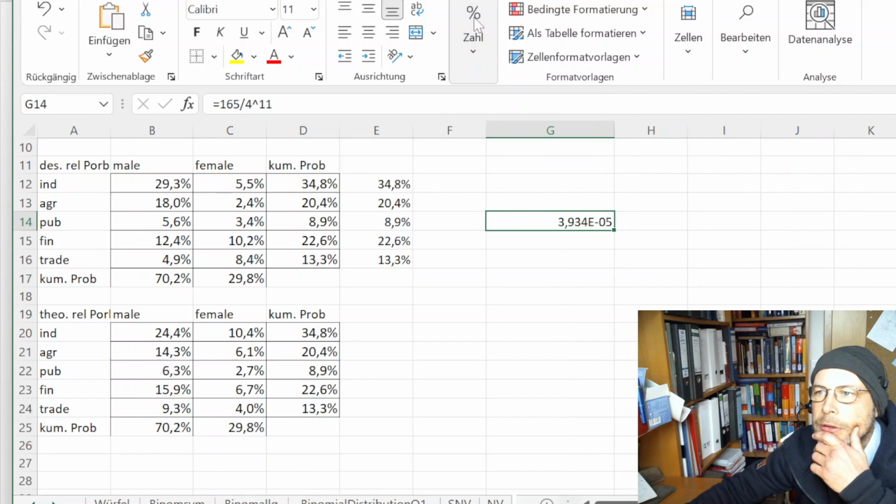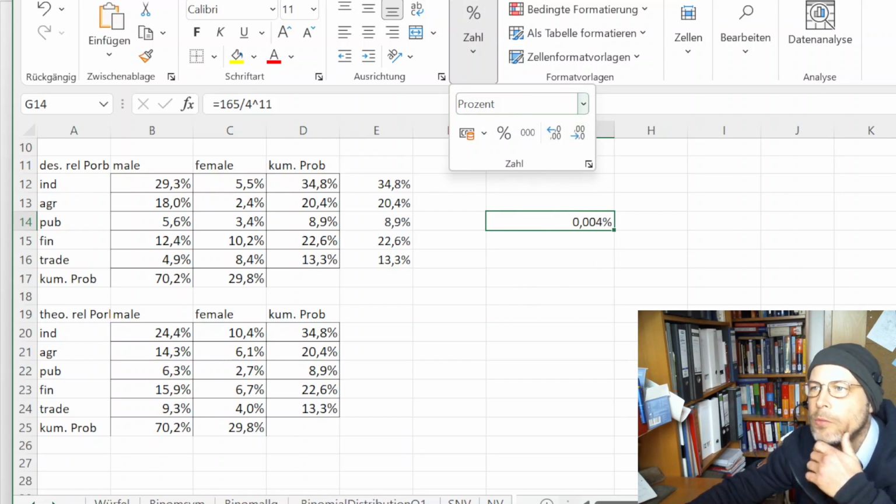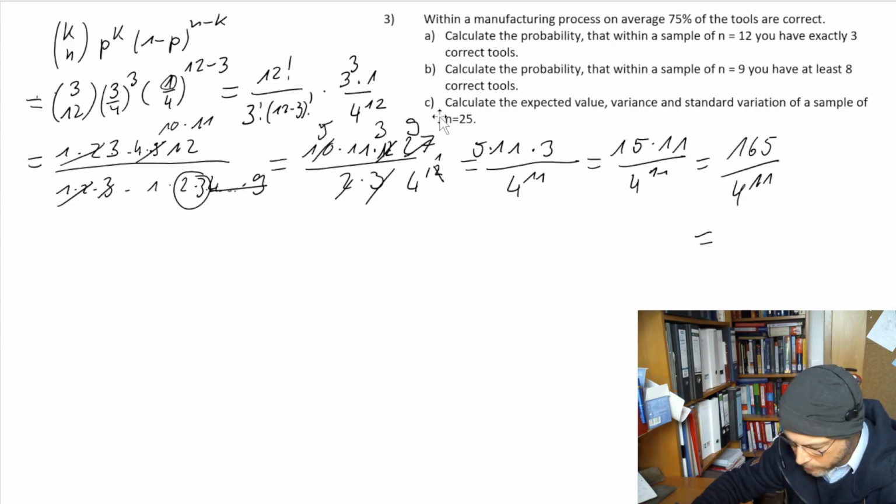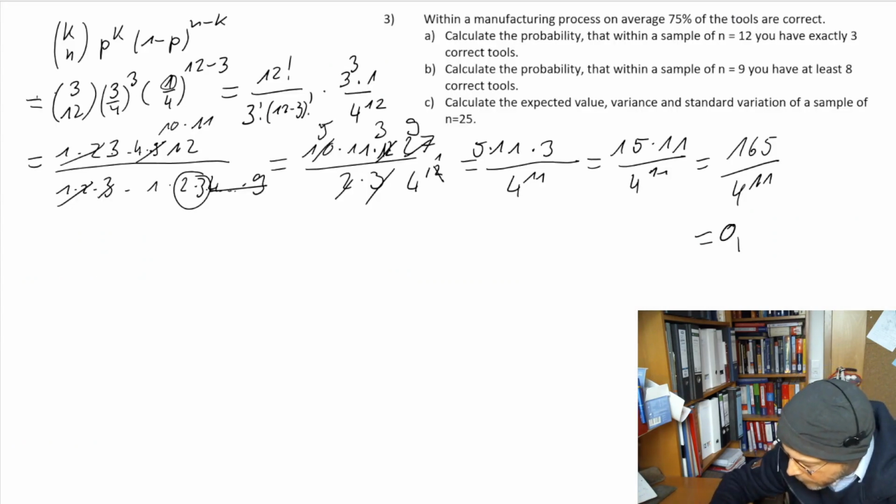Or in percent, oh, 0.004%. I think it is right if I remember it. Hopefully.